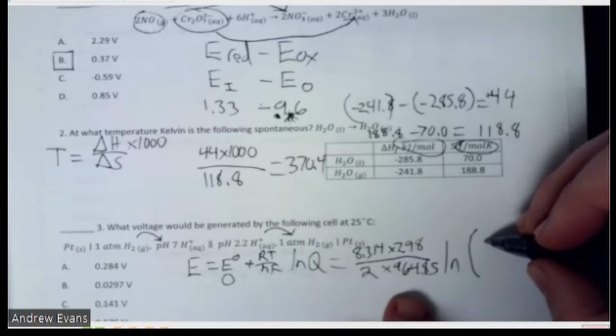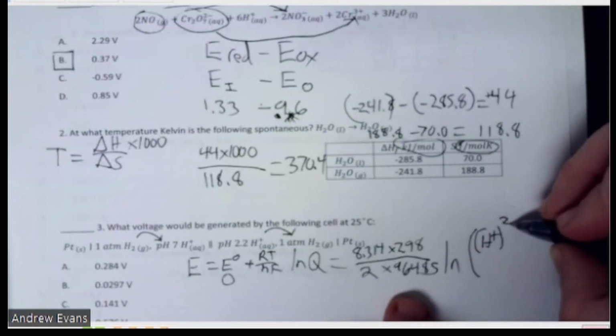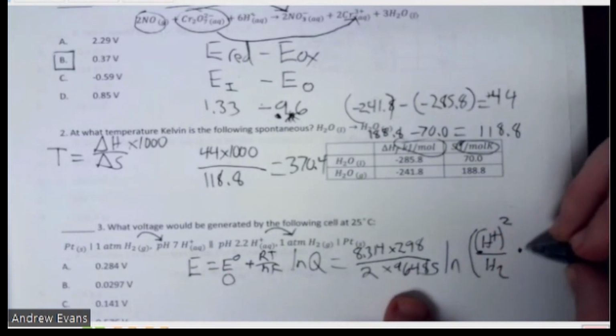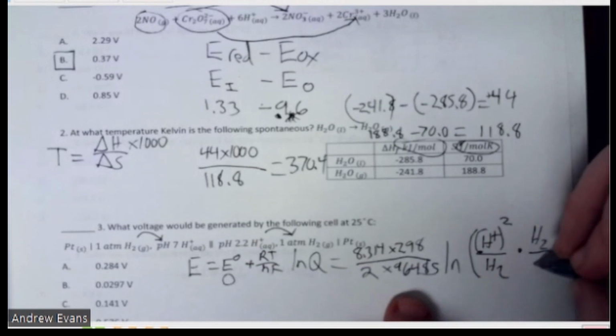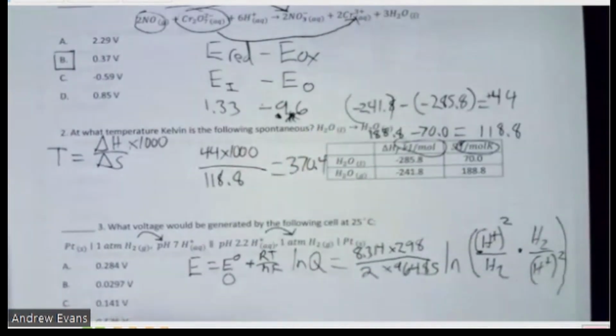So that's H plus squared over H2 times H2 over H plus squared. Unfortunately, we have to do the pHs.